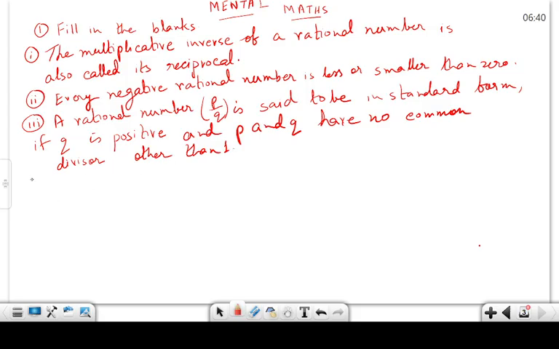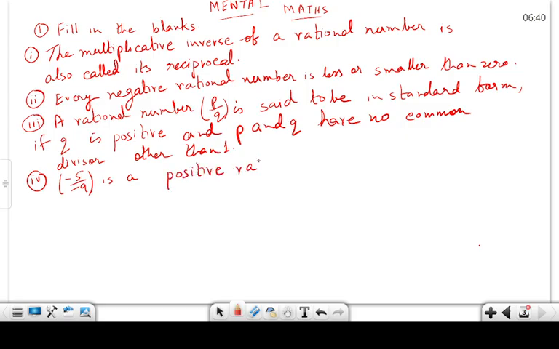Number 4 is minus 5 by minus 9 is a positive rational number.